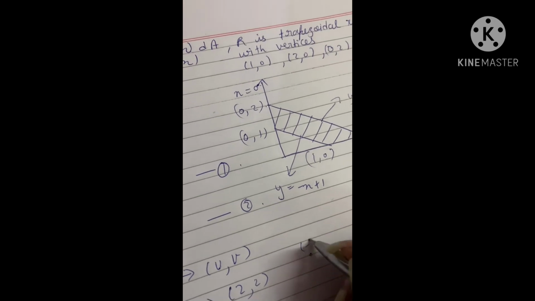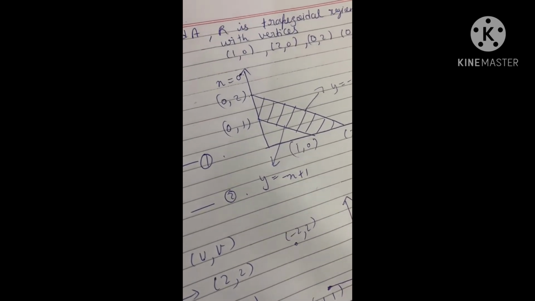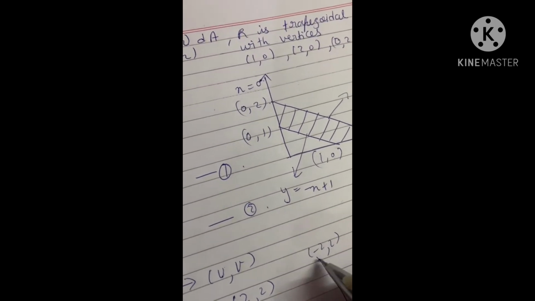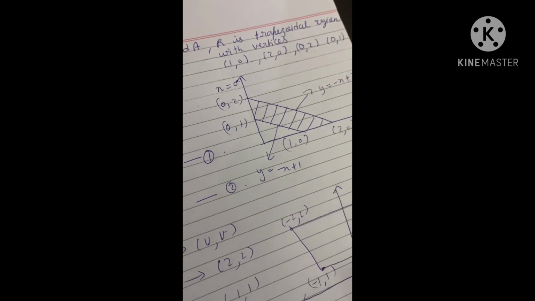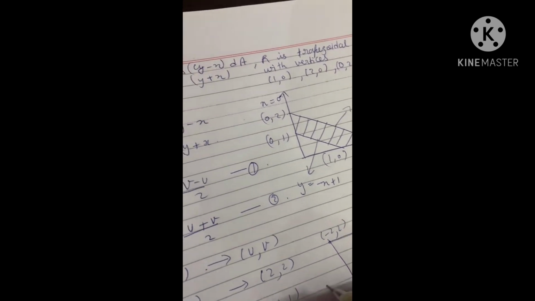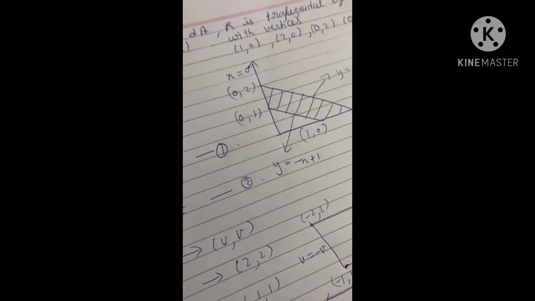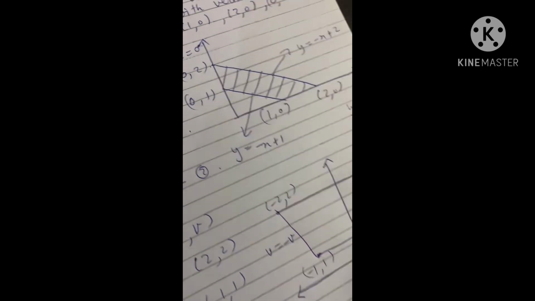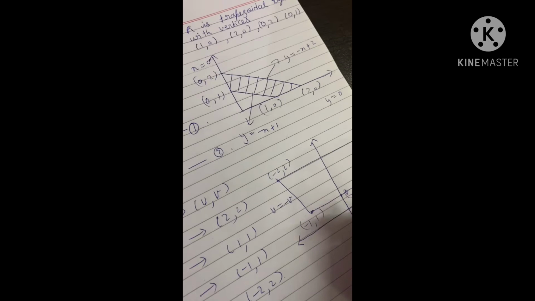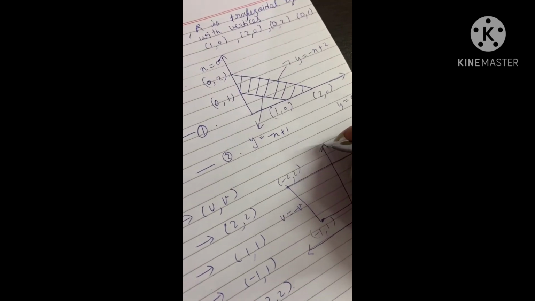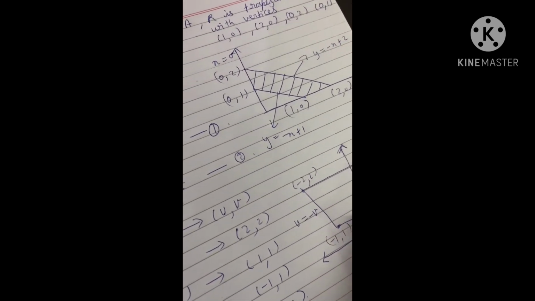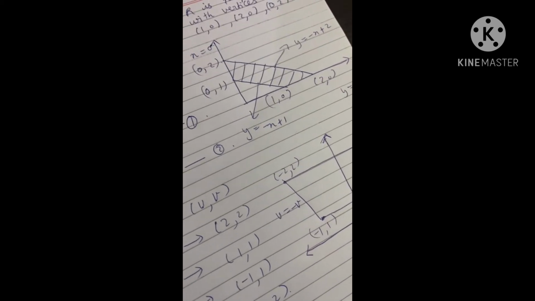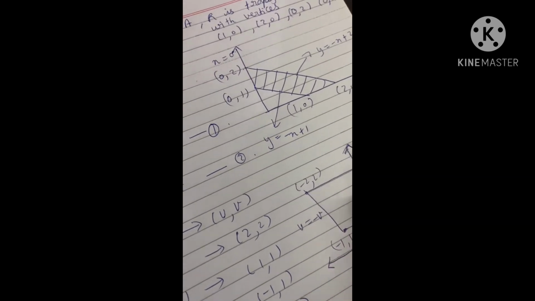So this is how it will turn out to be. We can see that the graph varies from u equals minus v to u equals v, and the range of integration vertically is from v equals 1 to v equals 2.